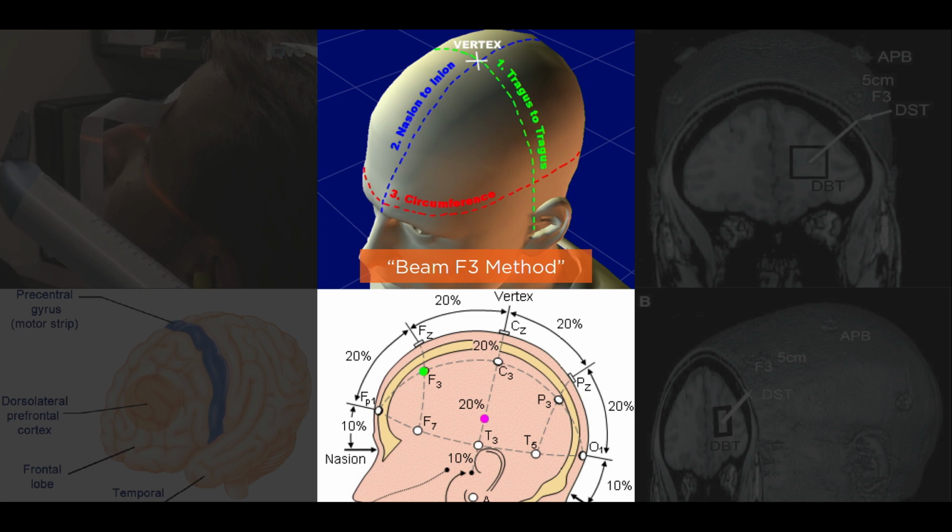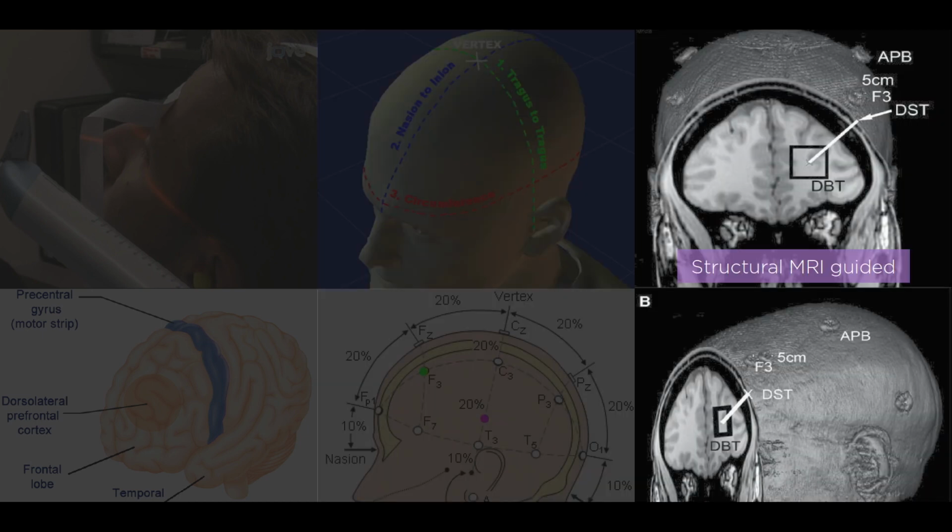And even more sophisticated, nowadays, if you can afford to get an MRI or a functional MRI, you can define your dorsolateral prefrontal cortex that way. And there are even more sophisticated targeting techniques nowadays using either diffusion tensor imaging or functional MRI as a way to localize the stimulation hotspot.